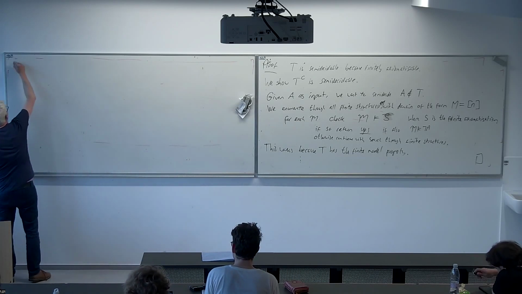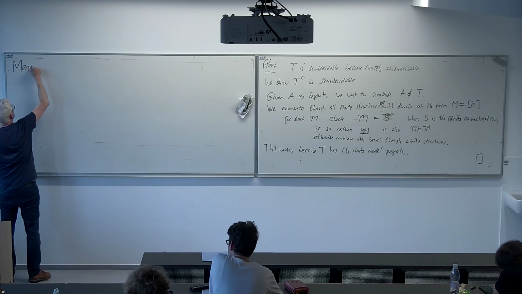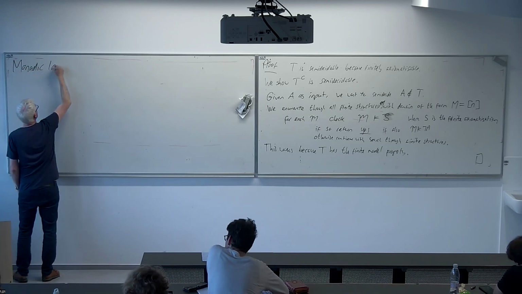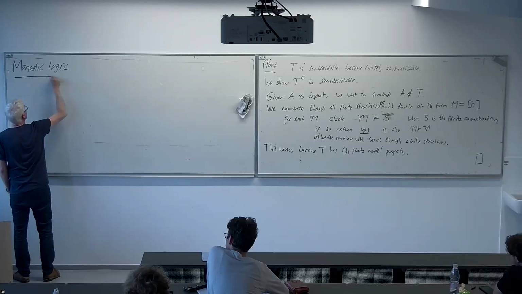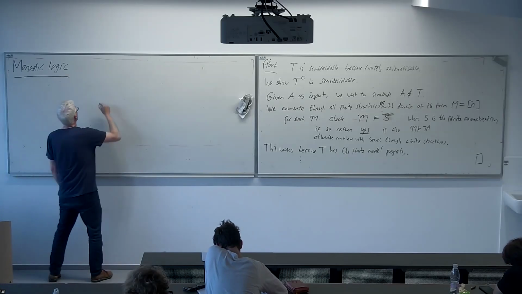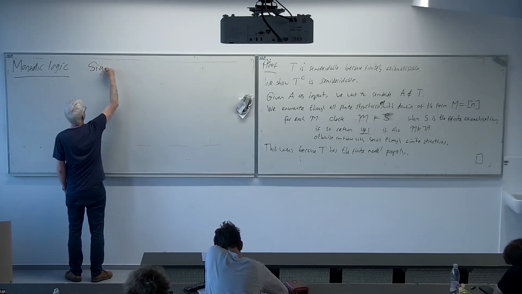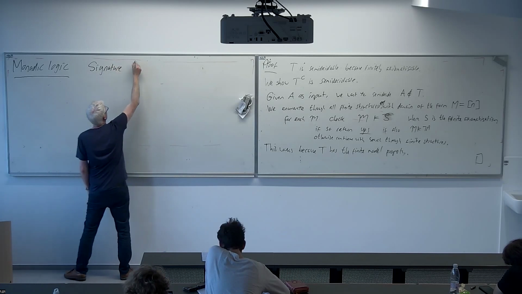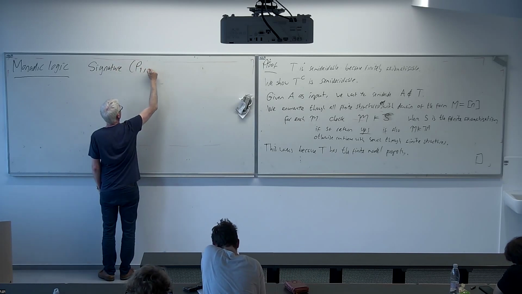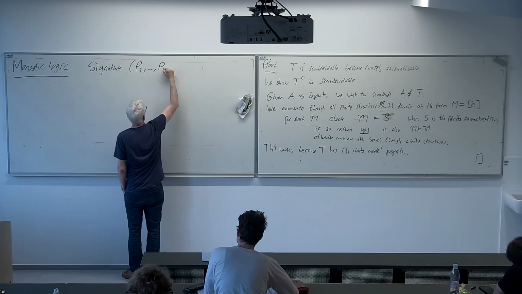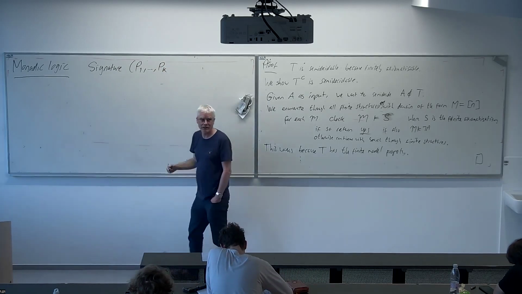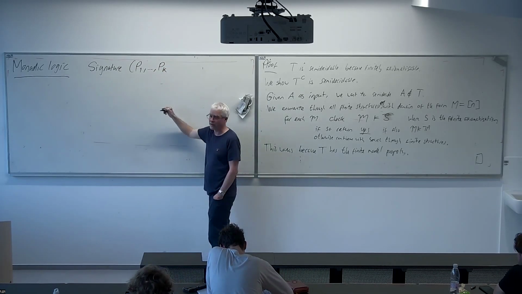So in monadic logic we're going to have a signature with some finite number of predicate symbols, each one a unary predicate symbol.